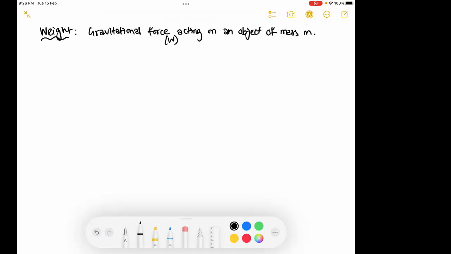So when a body falls, its gravitational force or weight can produce an acceleration, which is g.